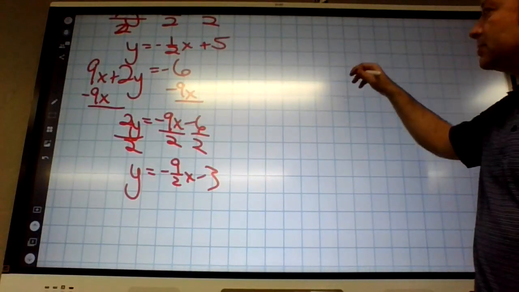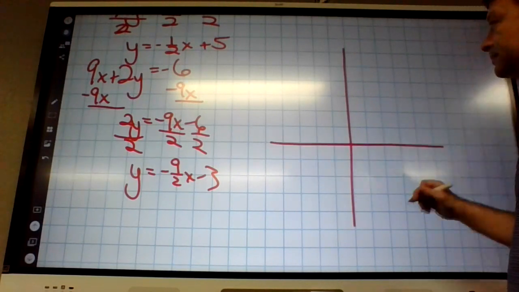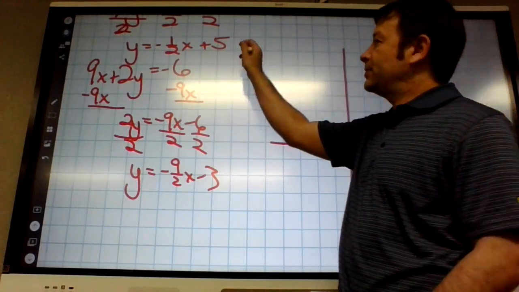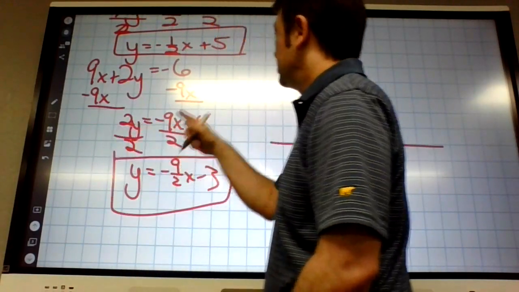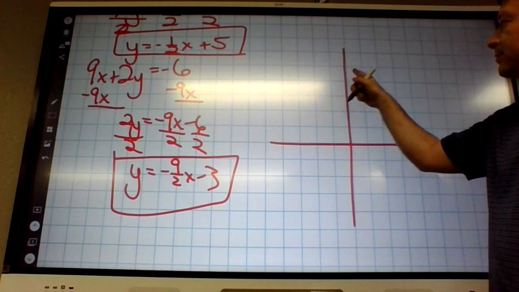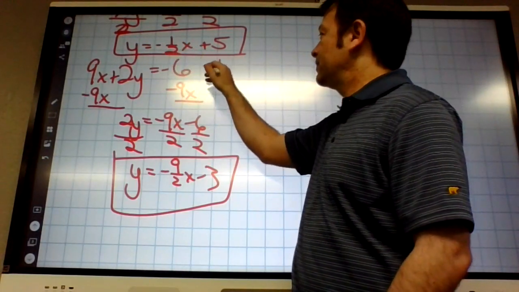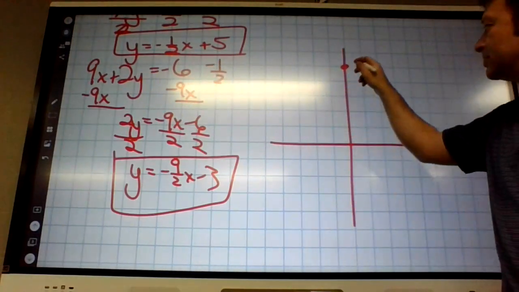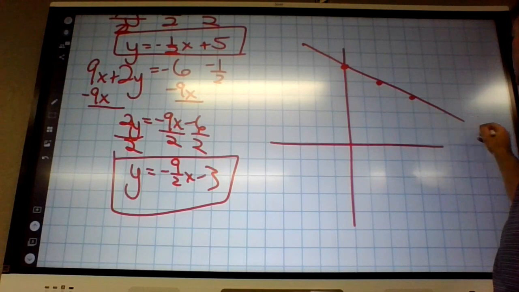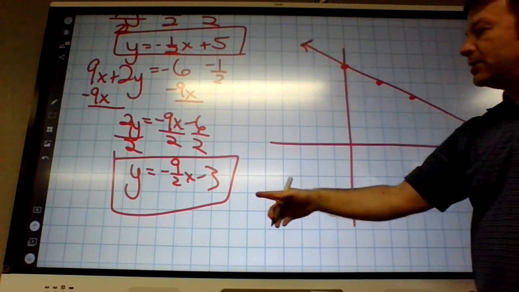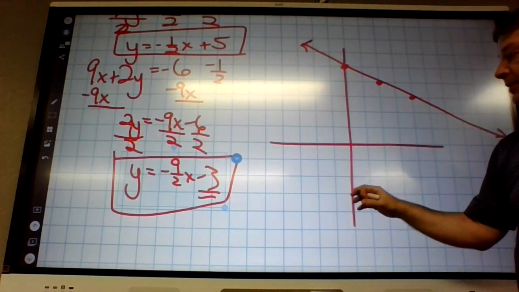All right, this one goes not as tall as the last one. But on this first equation, this one right here, I'm going to start up 5. So 1, 2, 3, 4, 5. And then where am I going to go from there? -1/2. Down 1 right 2. Okay. And then this graph I'm going to start at -3 on the y-axis.